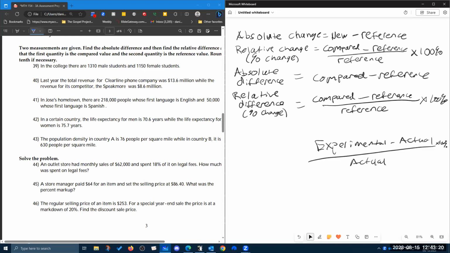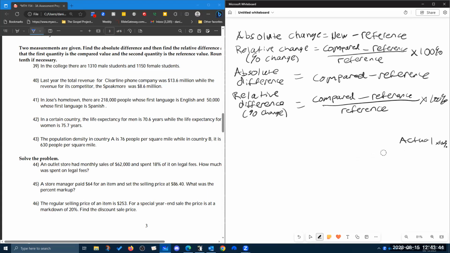And that's the same formula as these, where your reference value is your theoretical or your actual value, the one that you are supposed to get, and the value that you're comparing it to is the one that you got from your experiment.